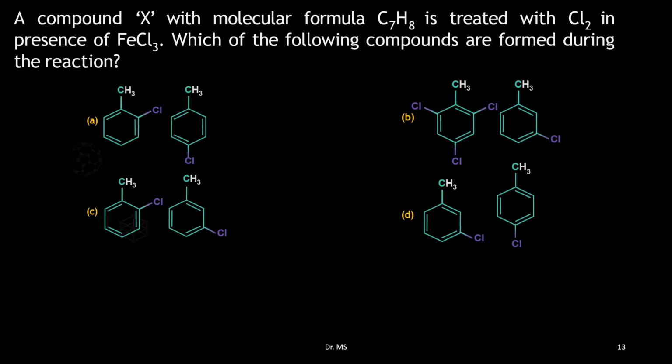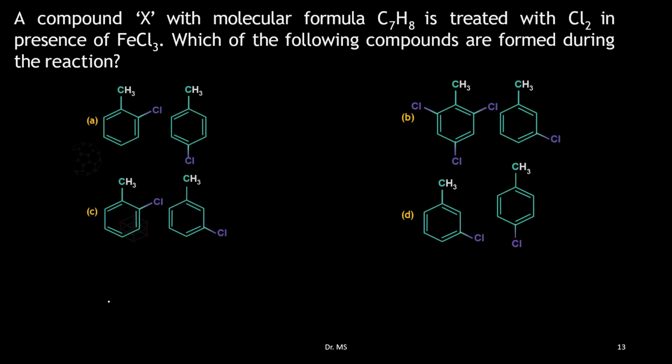Okay, so a compound X with molecular formula C7H8. So what is C7H8? Is that a benzene? How many carbons are present in the benzene? 6 carbons, but we have C7H8.